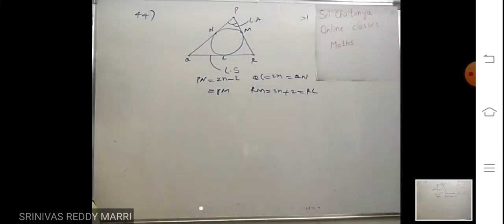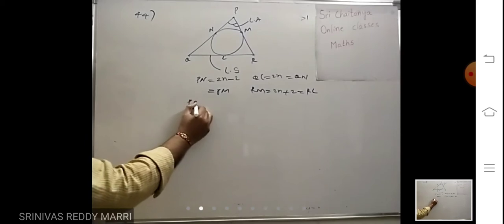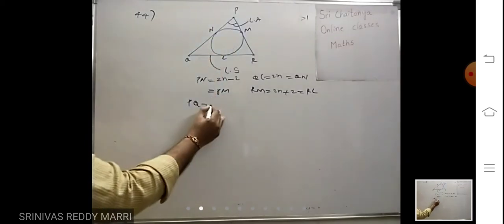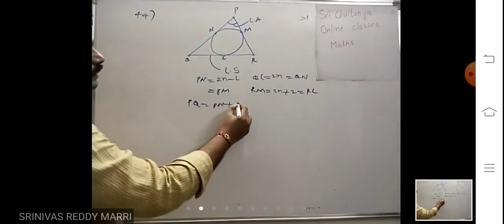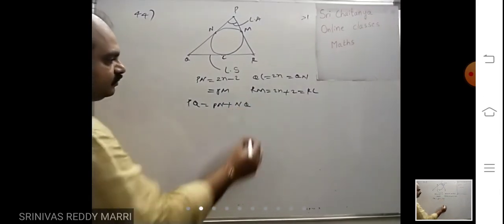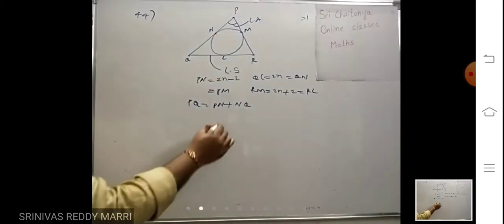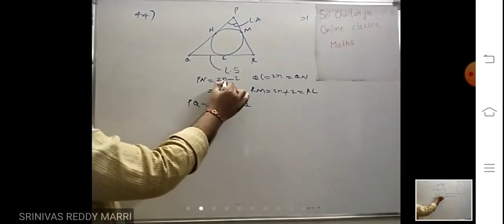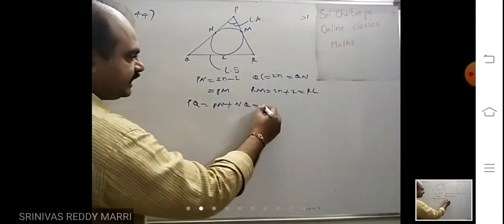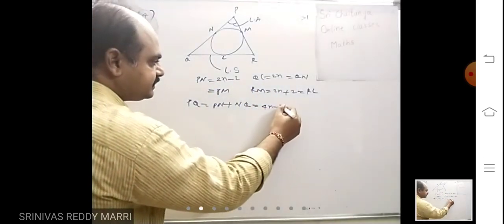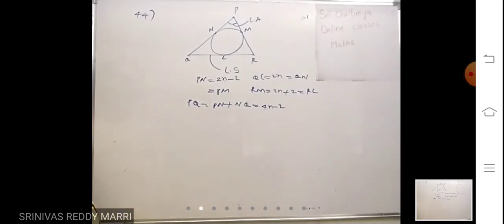Now I can write the sides. Look at PQ: the side is PN plus NQ. PN is 2n minus 2 and NQ is 2n, so this is 4n minus 2.